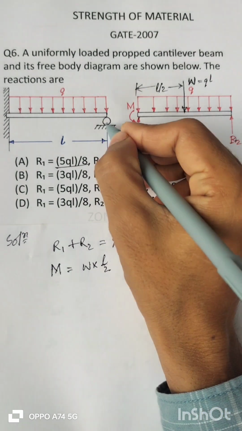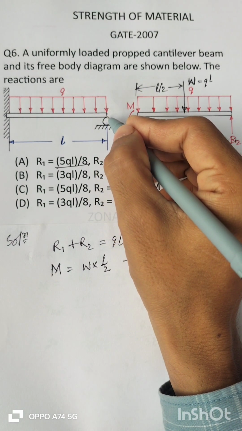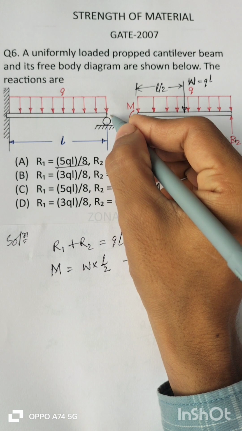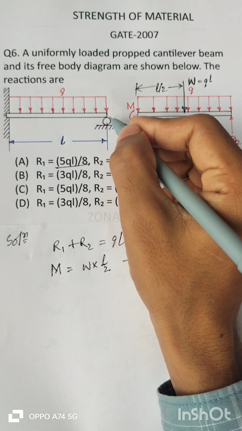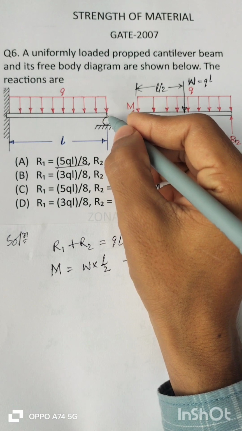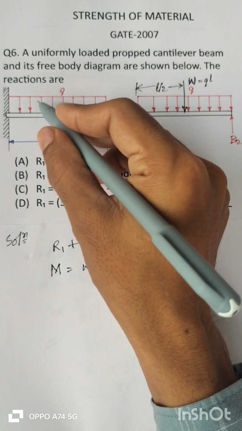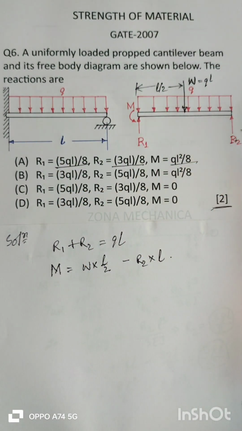Now the expressions for R1 and R2. Since there is a support at the free end, the deflection at this end is 0. The overall deflection is 0, and the deflection at this end is caused by this UDL and R2, two opposite forces. So we can say that the deflection downward due to this UDL is equal to the deflection upward due to the force R2.